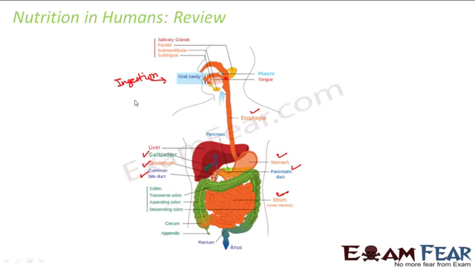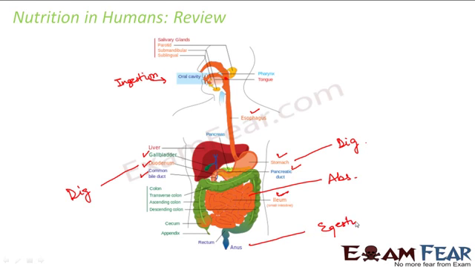So ingestion happened at the mouth, digestion happens at the stomach and duodenum. Absorption happens in the ileum and jejunum, and egestion happened in the large intestine through the anus. Right? So that was the overall process of nutrition in human beings.